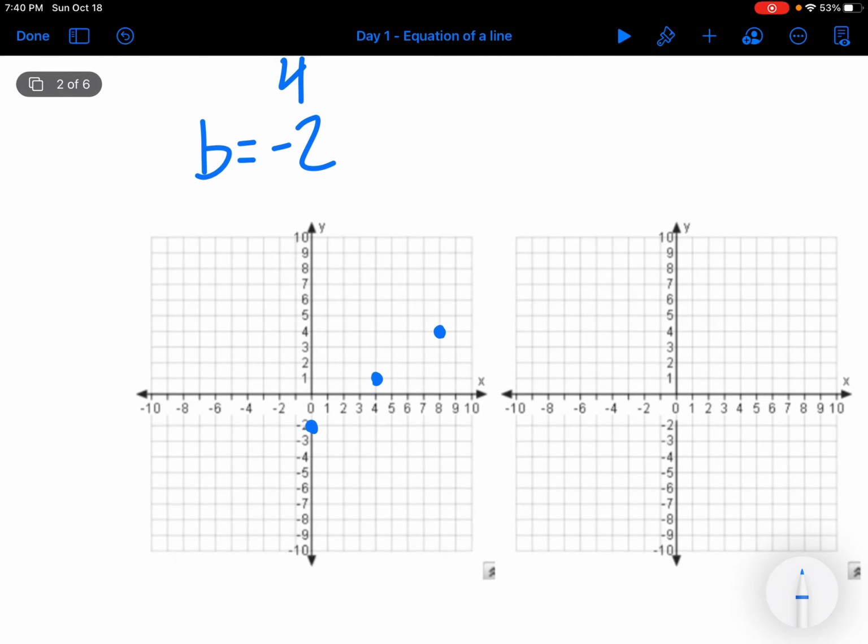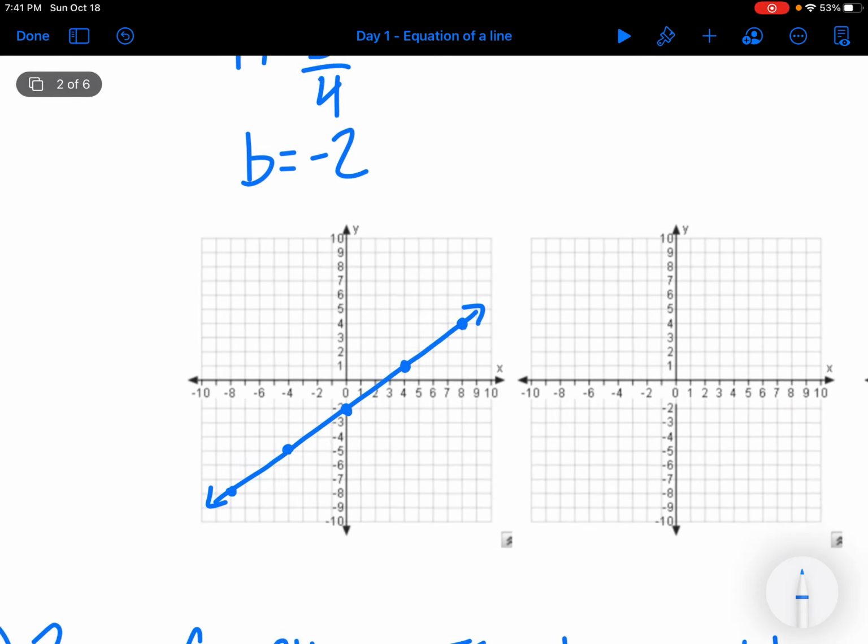Now remember, if you run out of space, you can do the complete opposite. You could go down 3 over 4 the other way. Okay, and now you're going to connect the line, and you're going to put an arrow at each end because this line goes on forever in that same pattern.